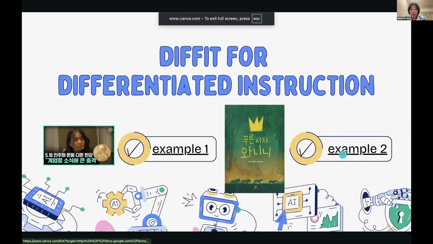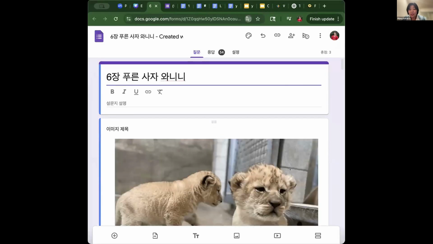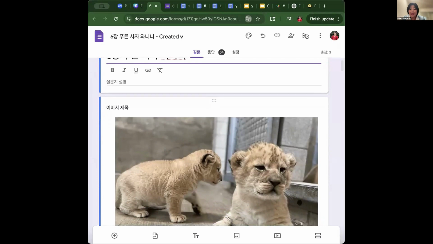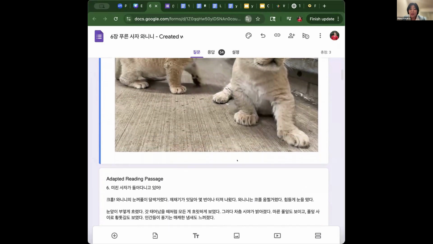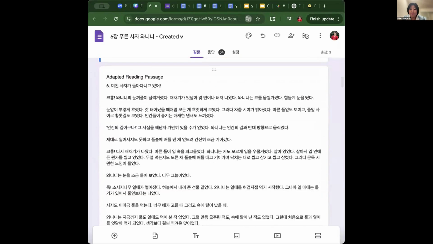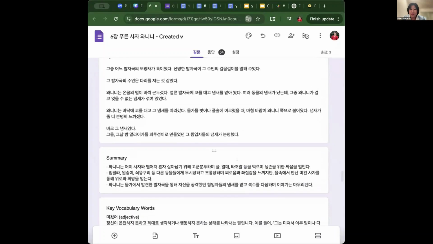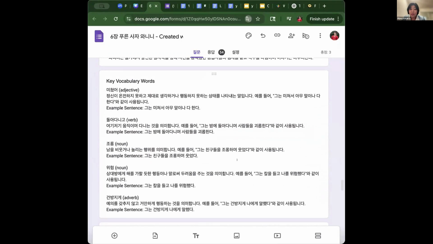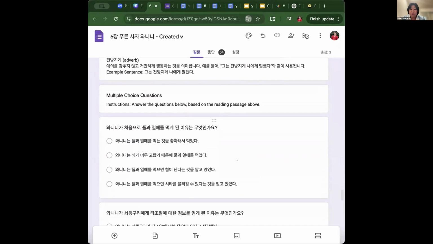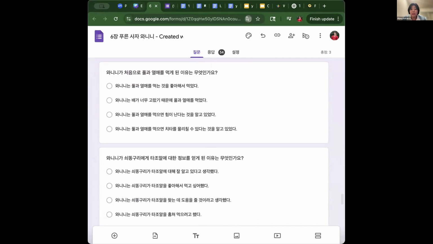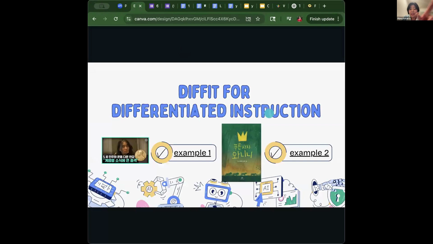And in Diffit, when I uploaded the scanned text for chapter 6, it shows all the words, a summary of it, keywords, and the checking for their understanding. So this is how I use not ChatGPT, but Diffit.